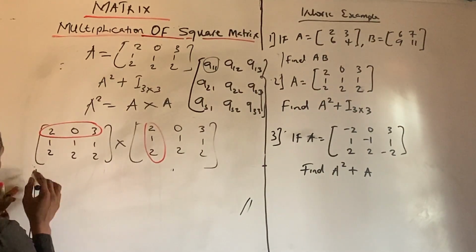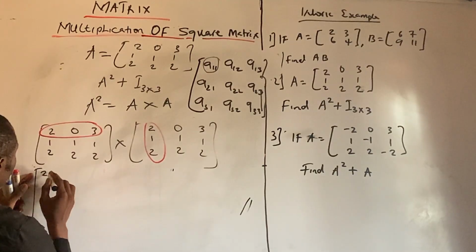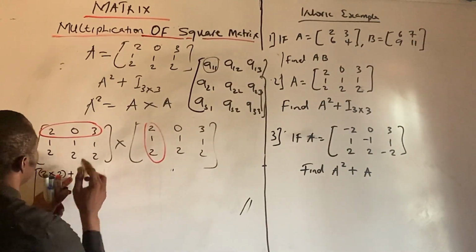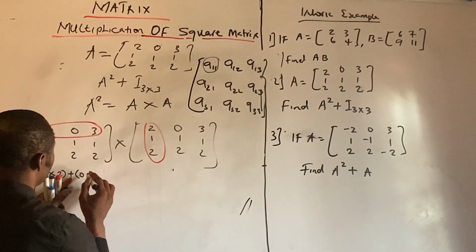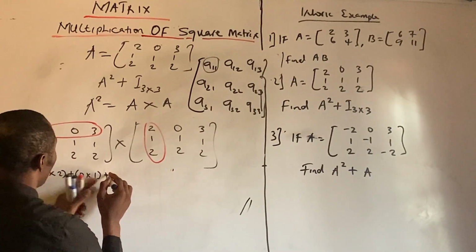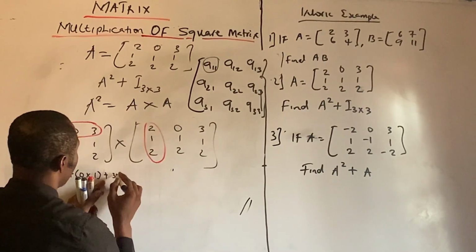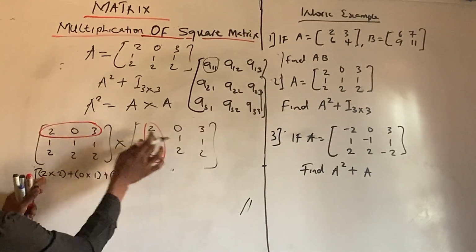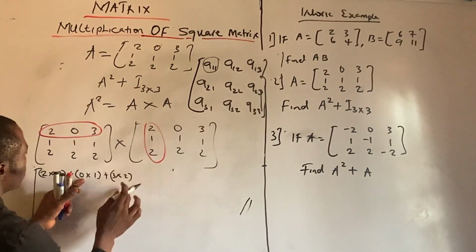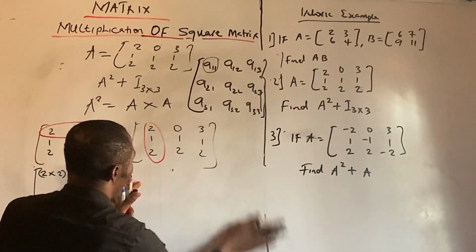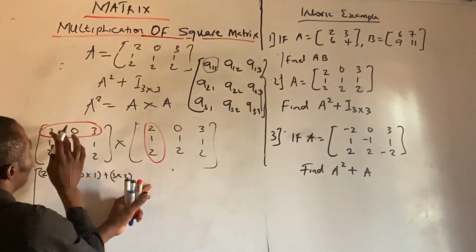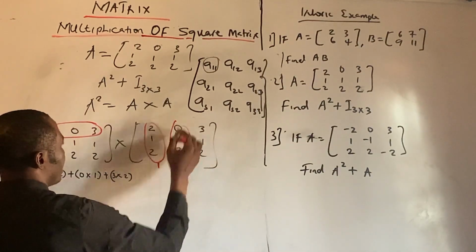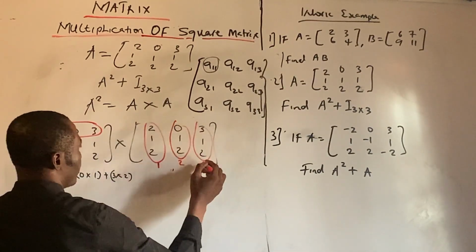This big box, we have 2 times 2 plus 0 times 1 plus 3 times 2. So 2 times 2 here, 0 times 1 here, 3 times 2 here. We'll go to the next one. We're multiplying 2, 1, 2, 3 again.